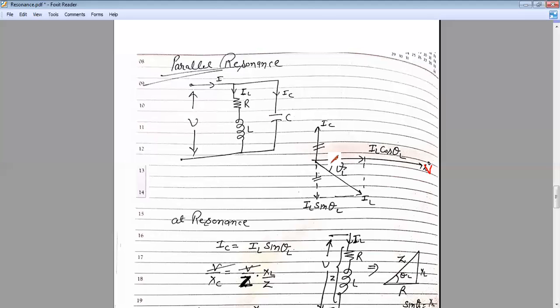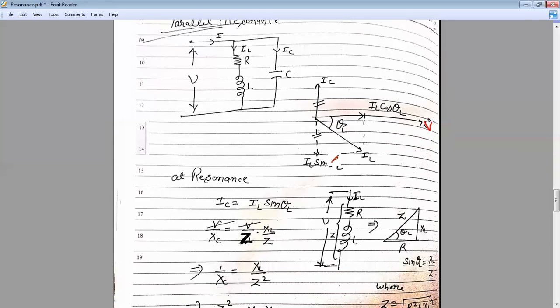So now what will happen at resonance? We know at resonance the current and the voltage will be in the same phase.